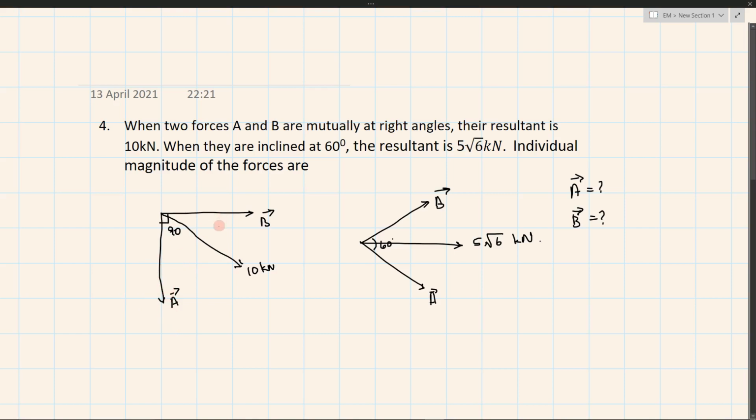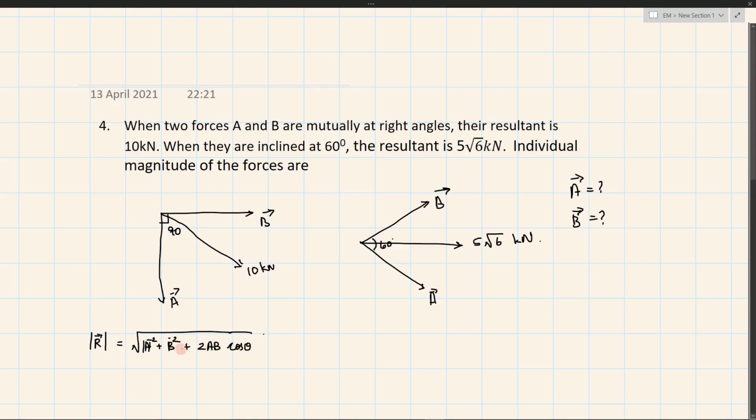In this equation, we know that the magnitude of the resultant is given by the square root of A square plus B square plus 2AB into cos theta.